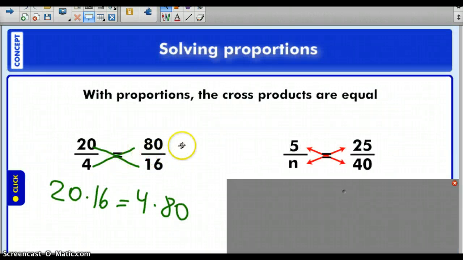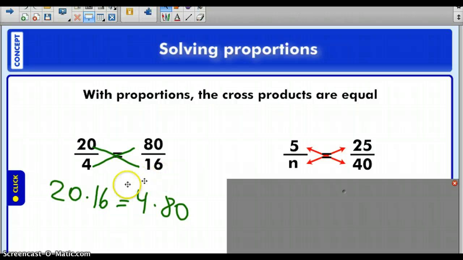Looking at this one more, we can solve for proportions. Here's one where we found out it was proportional in the last example. Another way you can do it with proportions is that the cross products are going to be equal. If it is in fact a proportion, the cross products will equal each other.